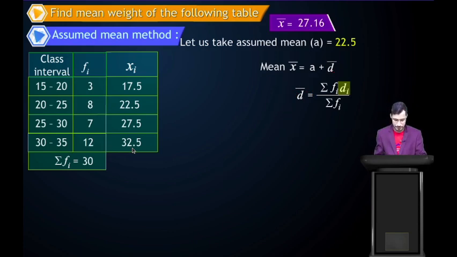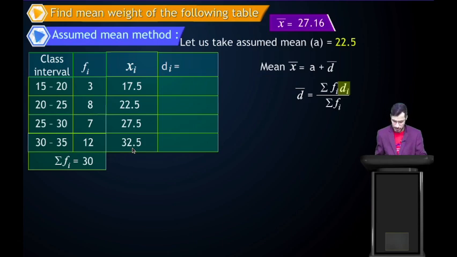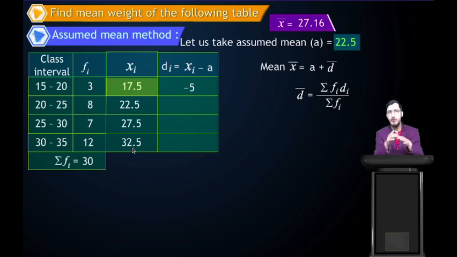And di is equal to what? di is equal to xi minus A, where d is for deviation. So xi is 17.5 and A is 22.5. 17.5 minus 22.5 gives minus 5. Then 22.5 minus 22.5 gives 0, then 5, then 10.